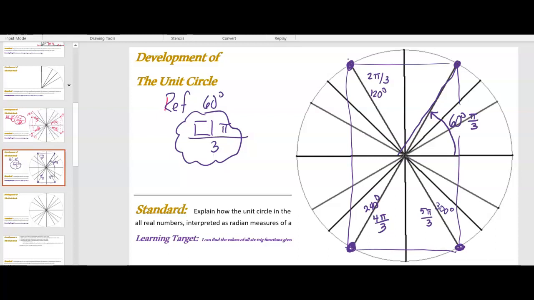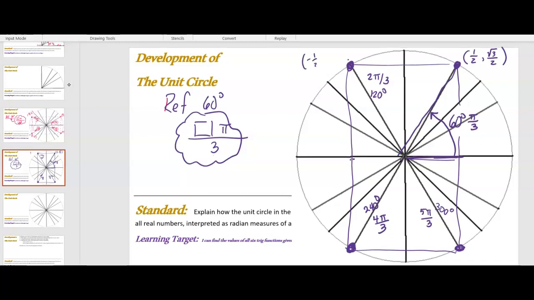So these points, 1/2 and root 3 over 2. Remember the taller side. If it's taller, it's root 3 over 2. If it's shorter, it's 1/2. So that means if this is 1/2, root 3 over 2, then this point is going to be negative 1/2, root 3 over 2 in the second quadrant.